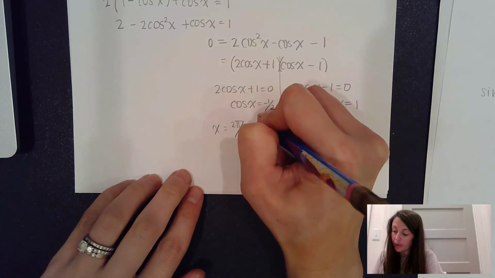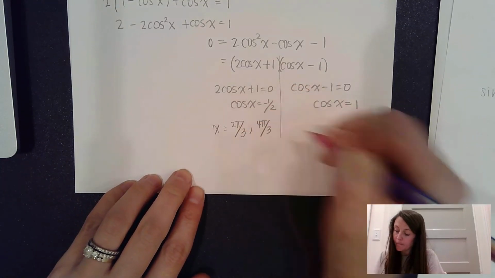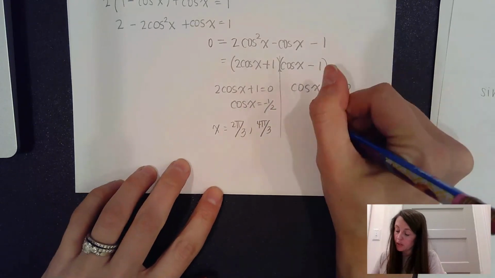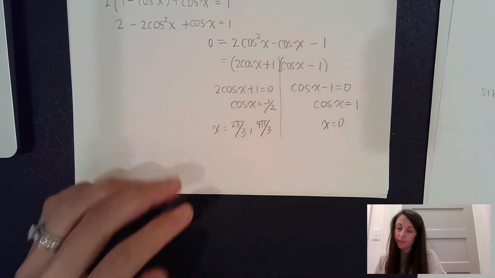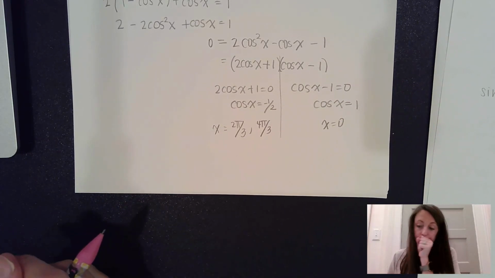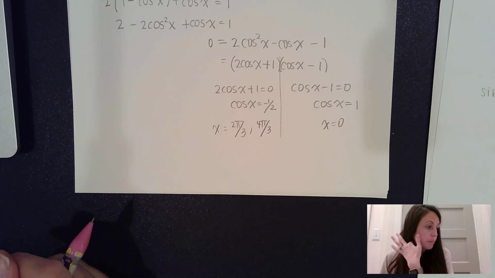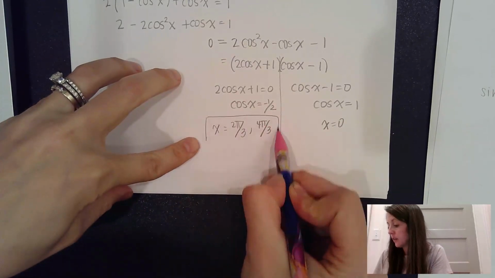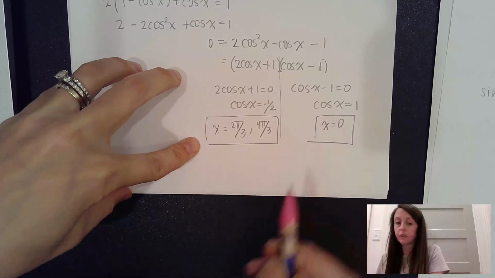Around 4 pi over 3. And where is cosine of x going to be equal to 1, which is going to be 0. So check your answers to just make sure that they are correct, and they will be correct.